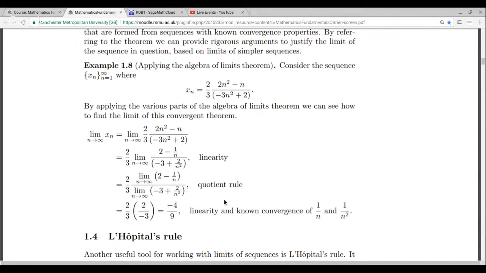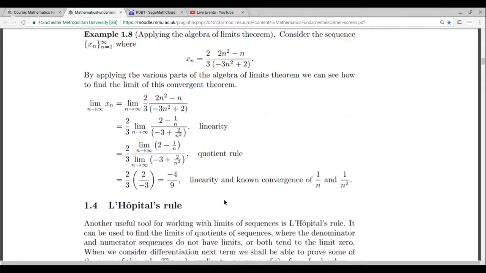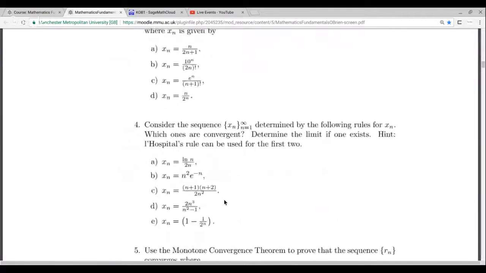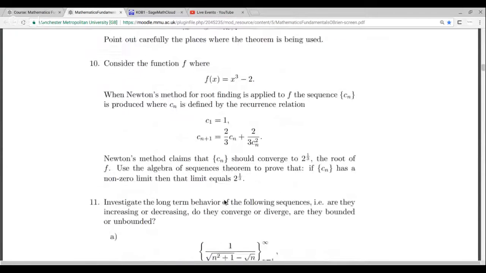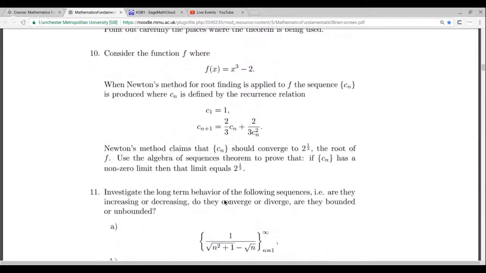We can find a second example if we look in the exercises here. If we scroll forward through to exercise 10. So exercise 10 concerns a sequence that's defined by a recurrence relation.